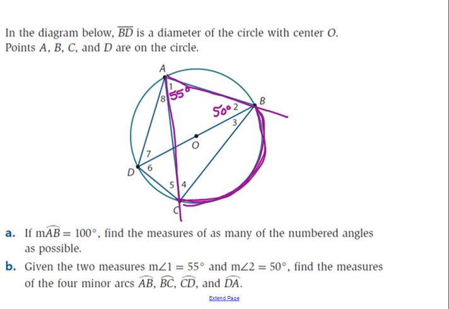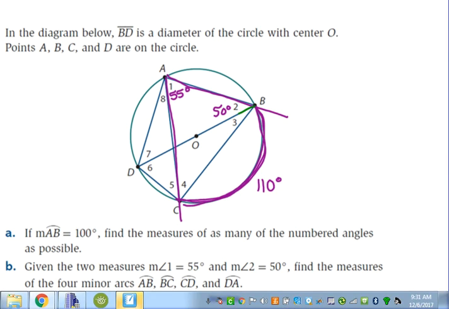If the inscribed angle is 55 degrees, what is the measure of the arc? 110. Okay. The 50 degrees right there, which arc does it intercept? DA. So if the inscribed angle is 50, then the intercepted arc is 100.